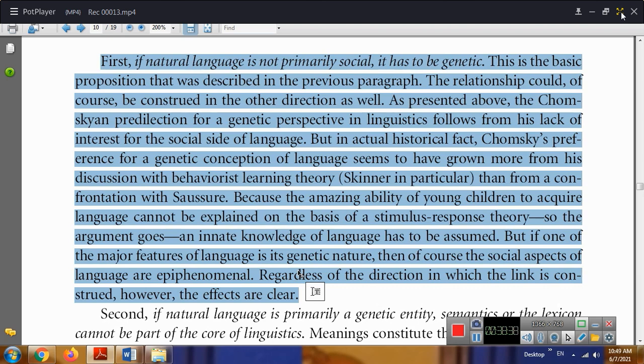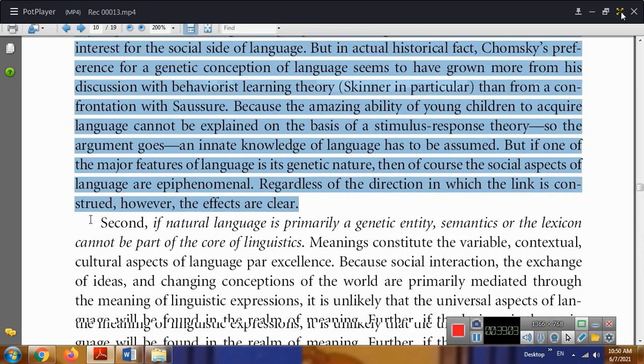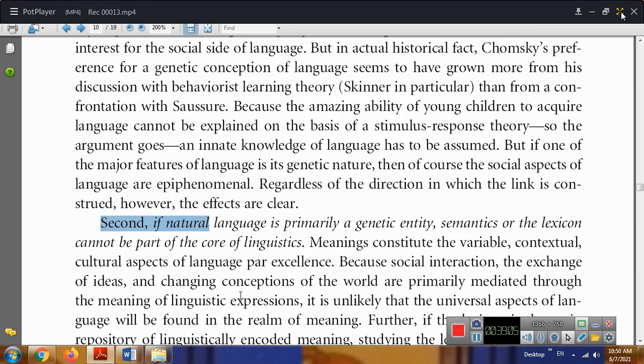Therefore, the genetic aspect of language is very important for Chomsky. And about the extraordinary ability of children to learn and acquire language, Chomsky explained that ability through the genetic part of the language.